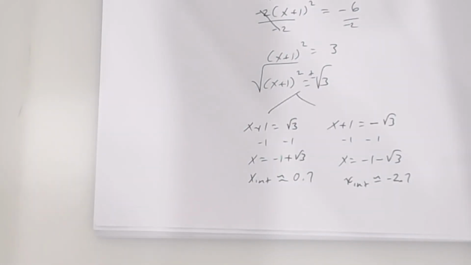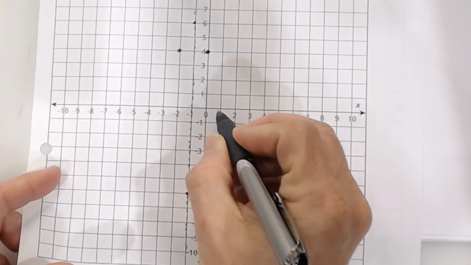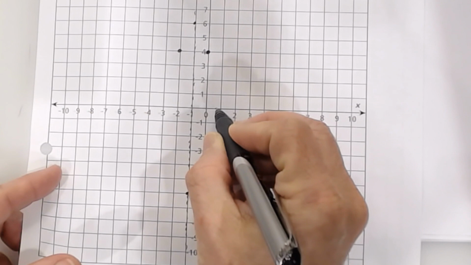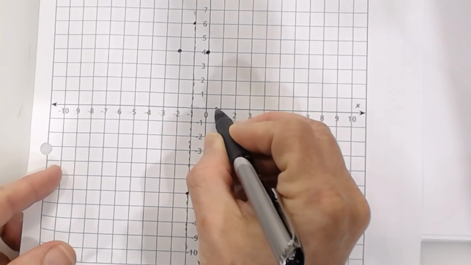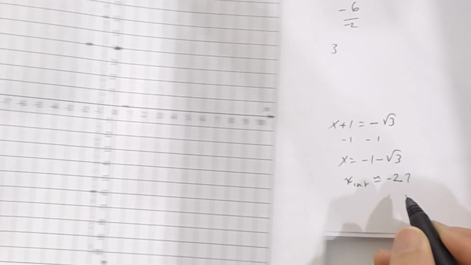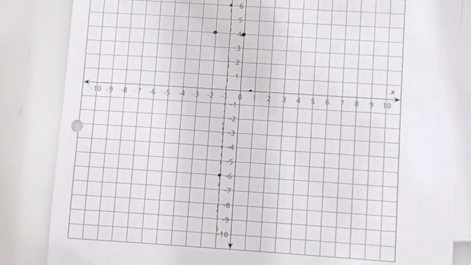And I can tell if I made a mistake when I plot those x-intercepts. They better be symmetrical about the axis of symmetry, correct? So 0.7 is about here. And then negative 2.7.